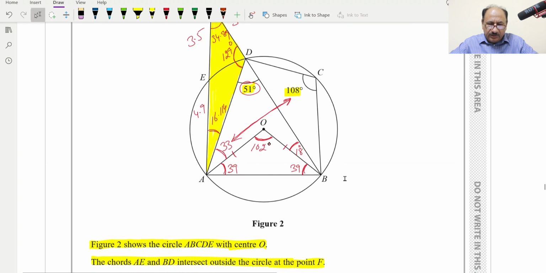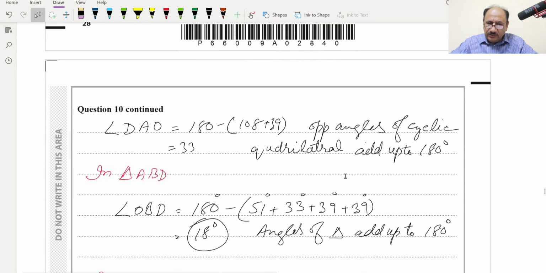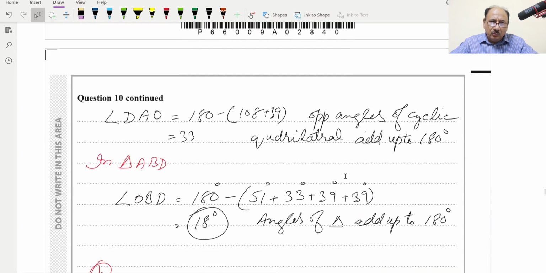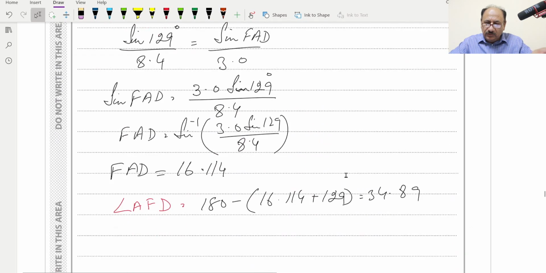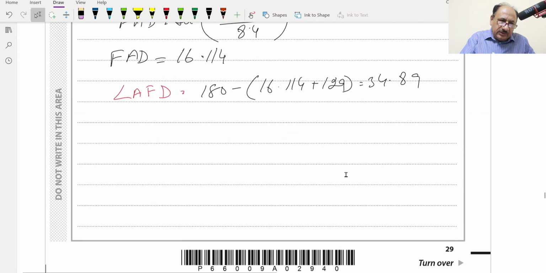Now we find AD by applying the sine rule.